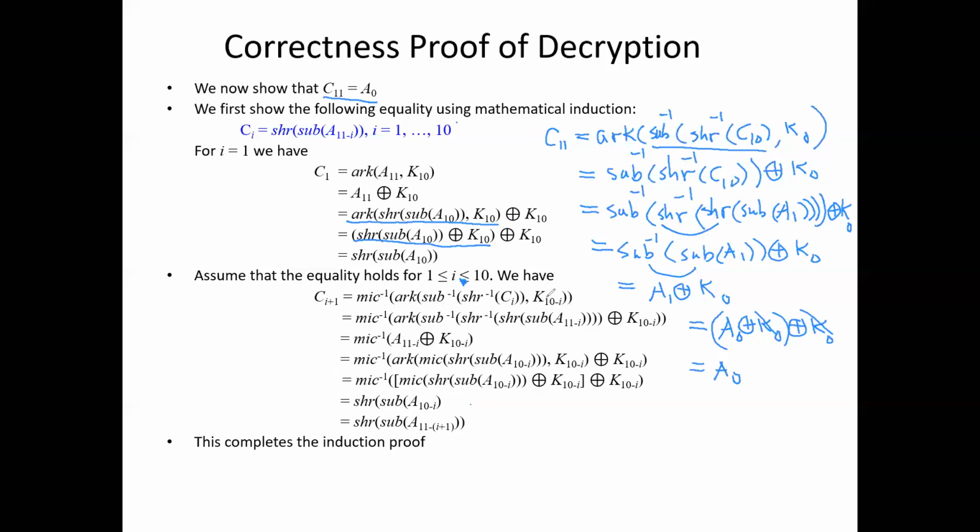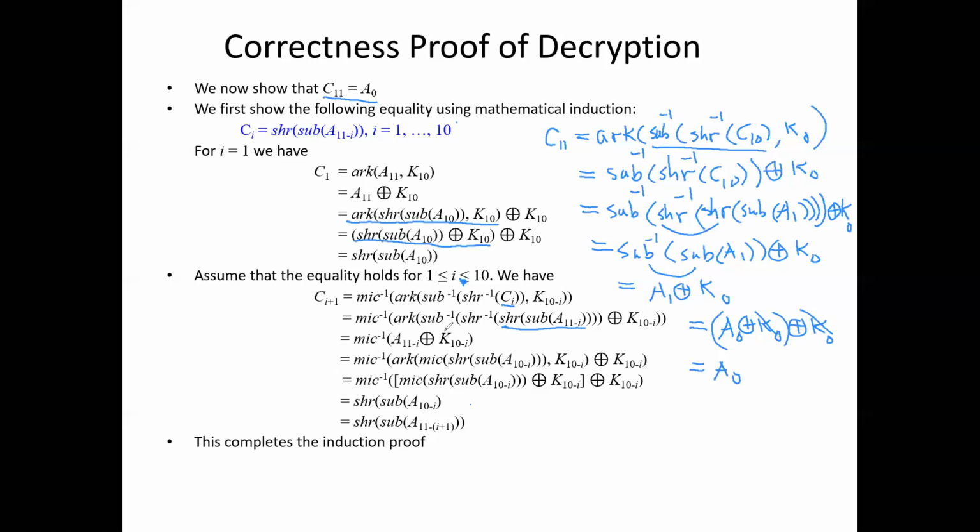So this is round 1 to round 9, right? So then we know this is the sequence of operations with this round key. Because Ci is equal to this, replace Ci with this by hypothesis.